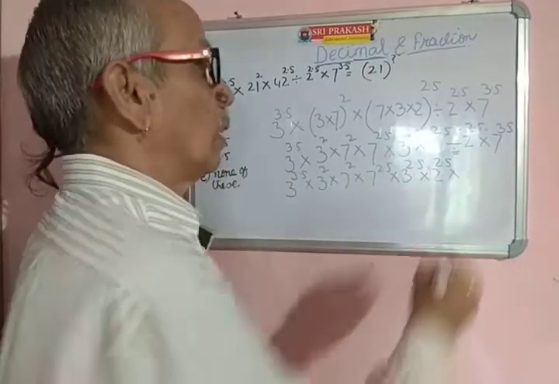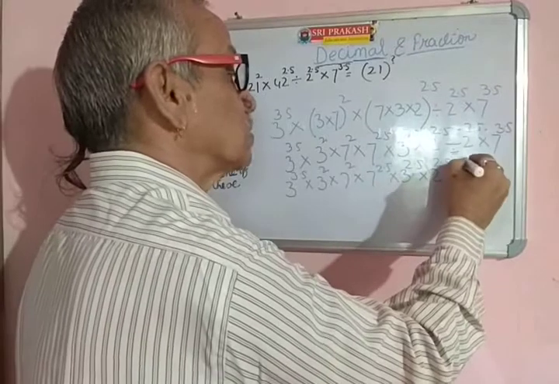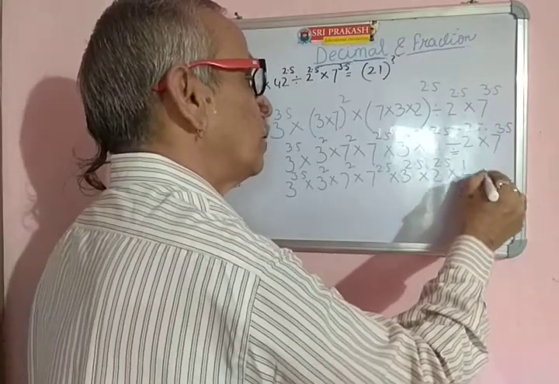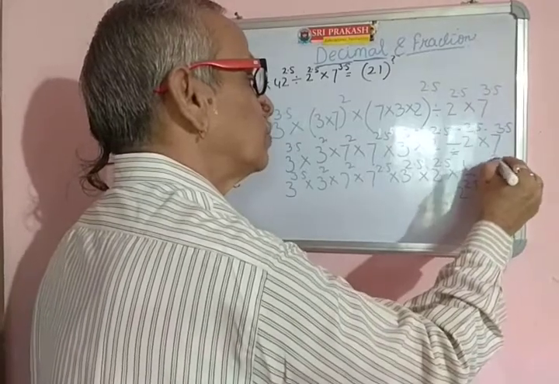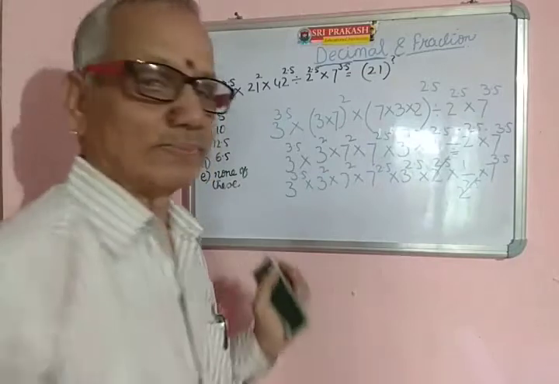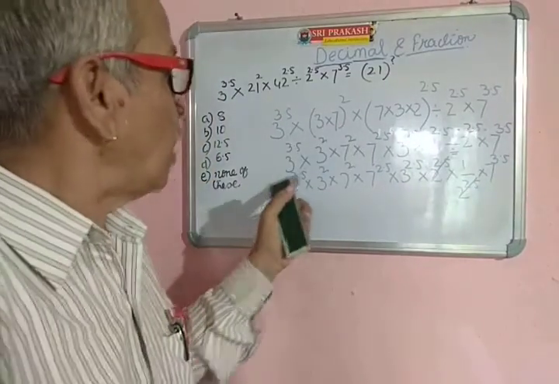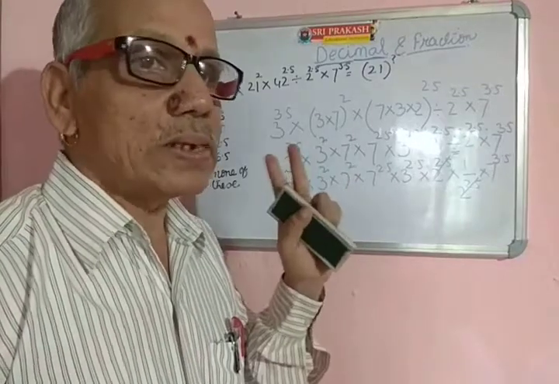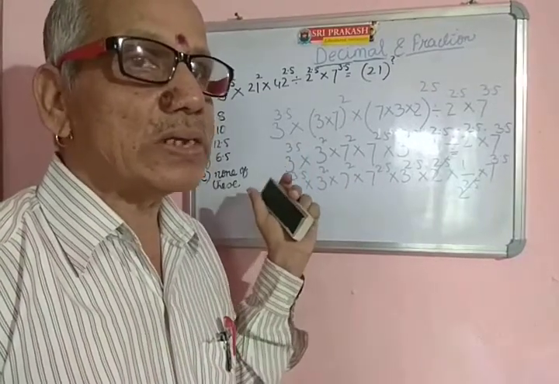Into, you have to reverse this: 1 over 2 to the power of 2.5 into 7 to the power of 3.5. These two cancel. Clear? Now you have only two bases, one is 3 and the other one is 7.